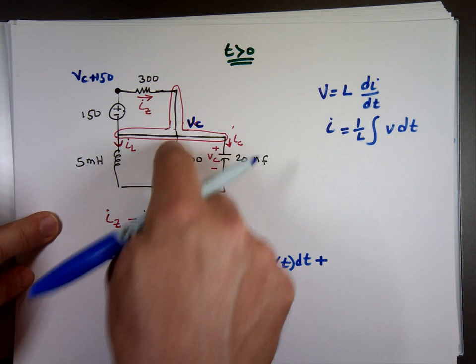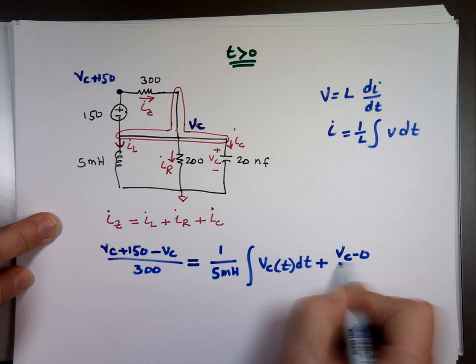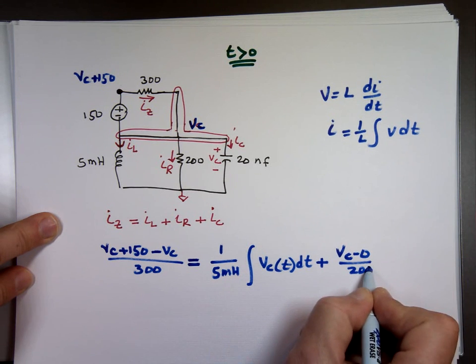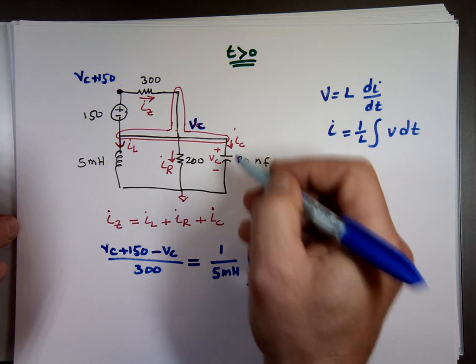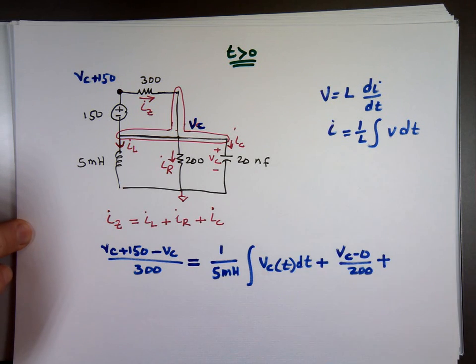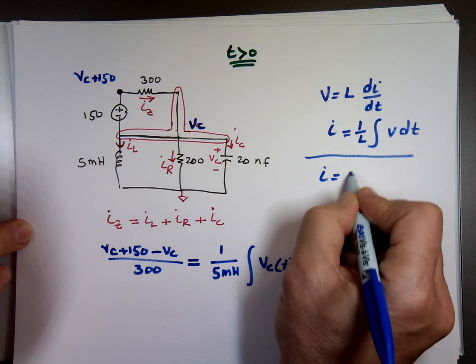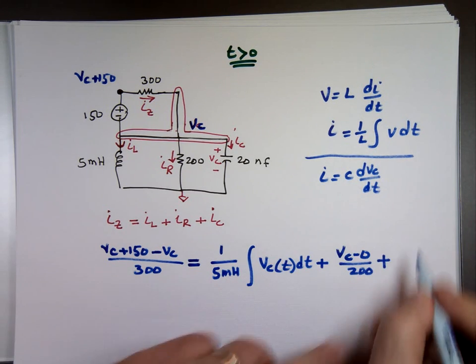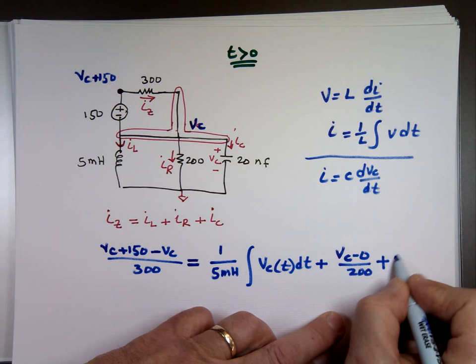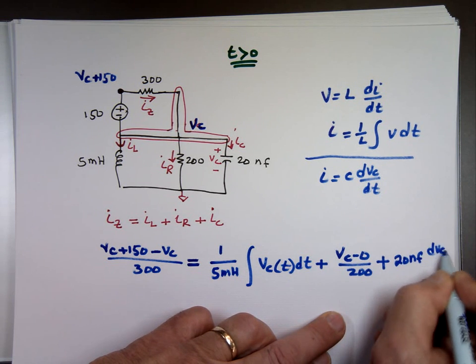So what's this voltage? VC minus 0 divided by 200, plus, what is the current here? The current through a capacitor is what? I equals C dVC dt. C, which is 20 nanofarad, dVC dt.